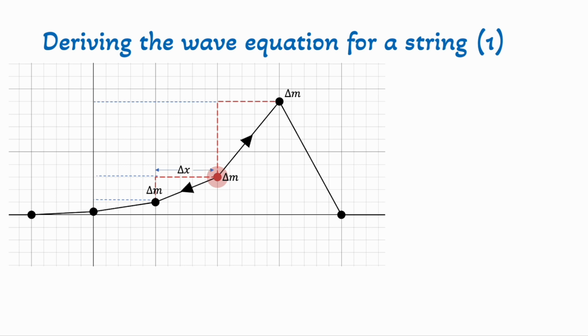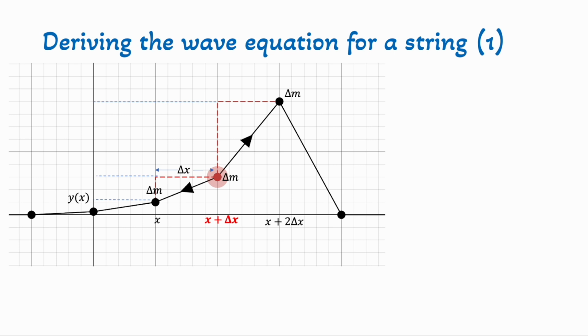So I'm going to call the position of this one x, the position of this one that I've highlighted red, the one I'm going to find the equation of motion for, x plus delta x, and then the next one is x plus 2 delta x, and the one after that would be x plus 3 delta x, and so on.